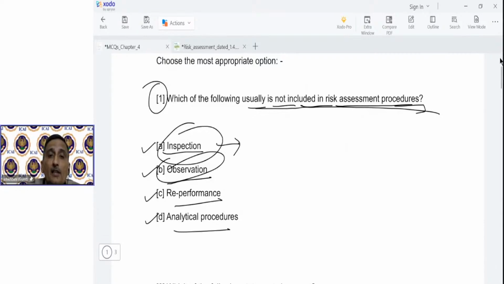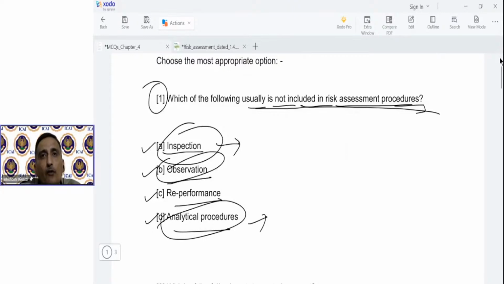And analytical procedures. When I am conducting analytical procedures, I am trying to correlate some information with other information over a period of time, over 2-3 years, or within a year. I am trying to make some type of trends, to establish some relationship between the data.